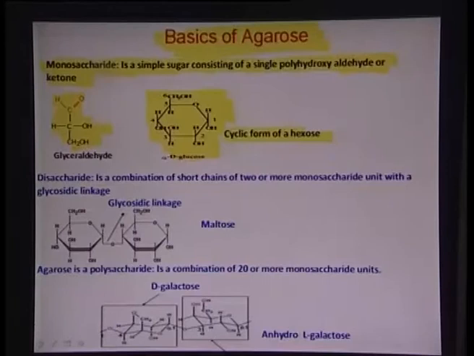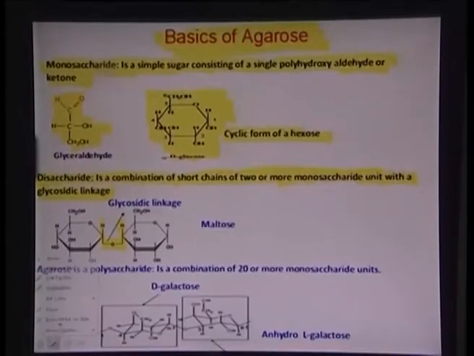A disaccharide is a combination of short chains of two or more monosaccharide units with a so-called glycosidic linkage. A glycosidic linkage is something like this: a CHO and another C here and H on another side, and so it's essentially COH2.